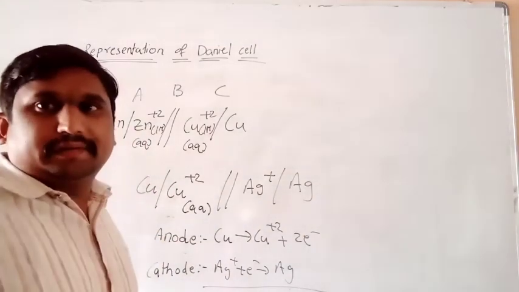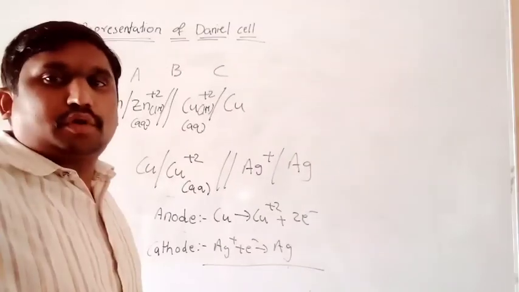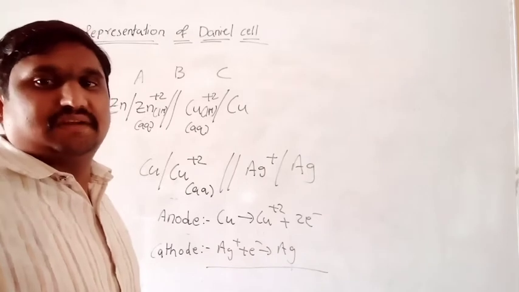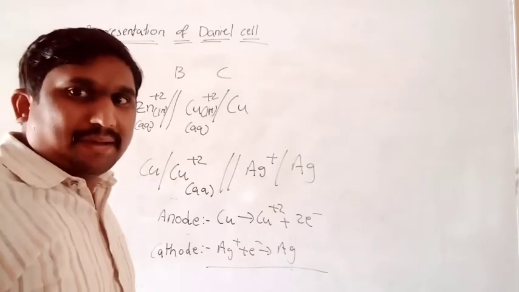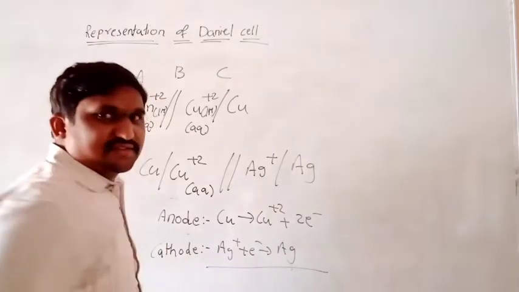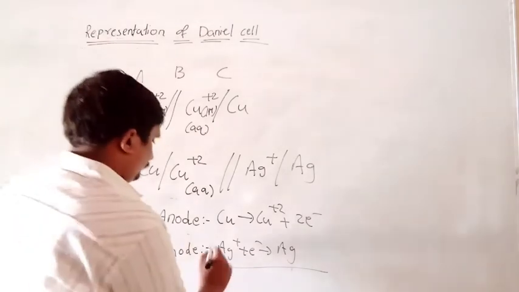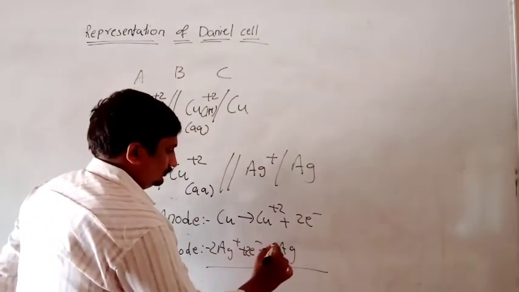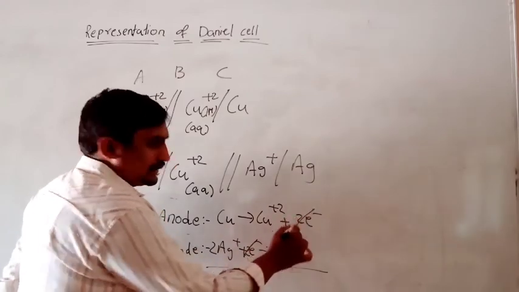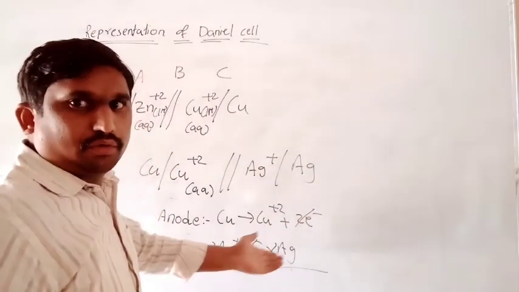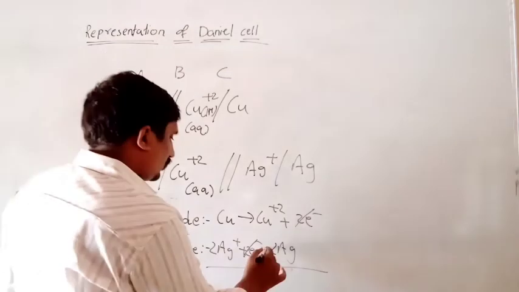In the overall reaction, the number of electrons should be balanced and cancelled. For balancing the number of electrons, we multiply the total equation with 2. Now the 2 electrons will cancel. Now how do we get the overall reaction?